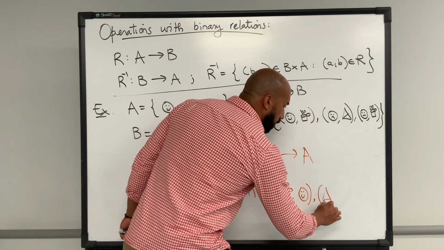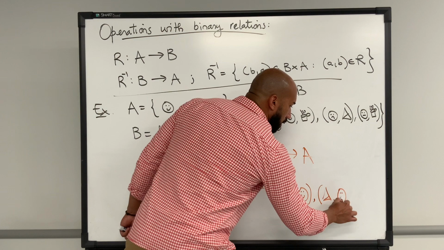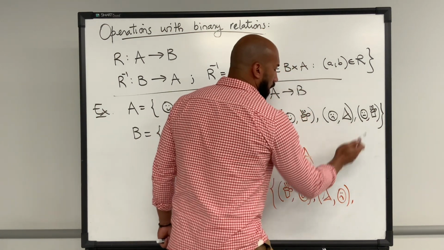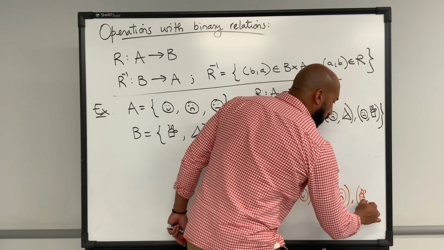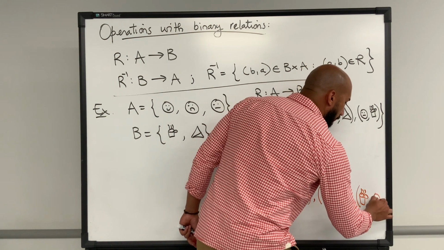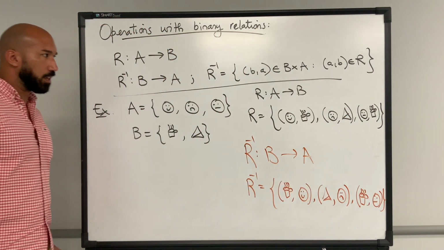If we switch the components of the second pair, we are going to get pastelito, sad face, and the same for the third pair. All right, and this is going to be the inverse in this case.